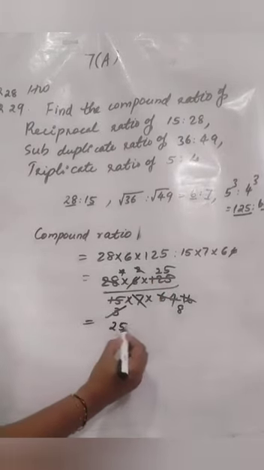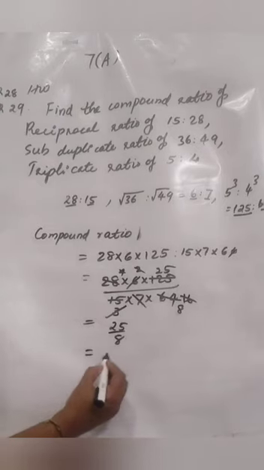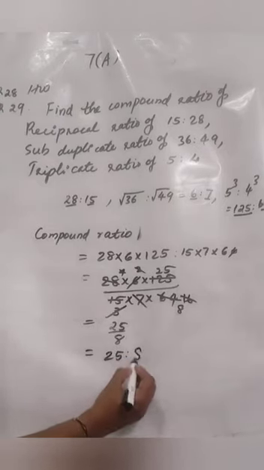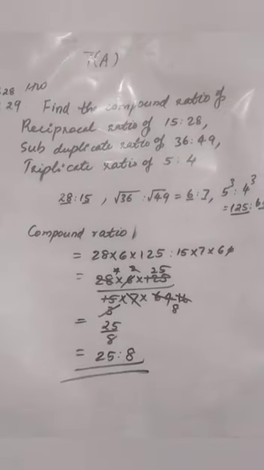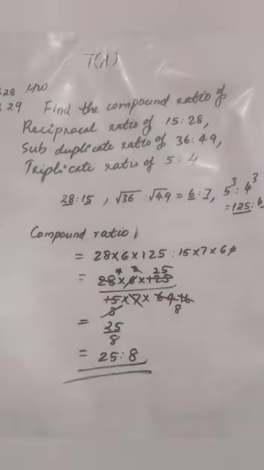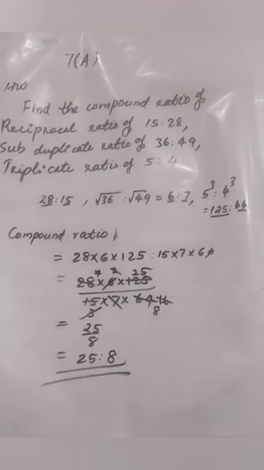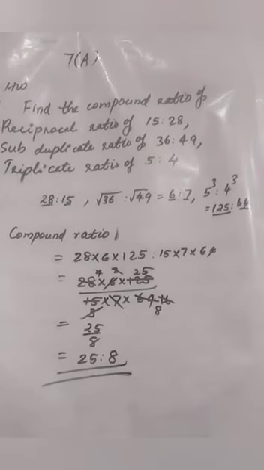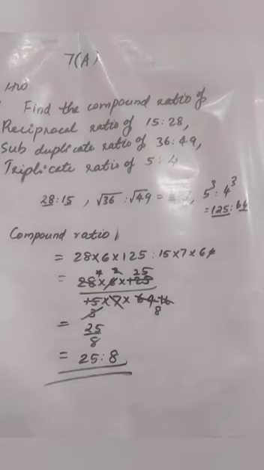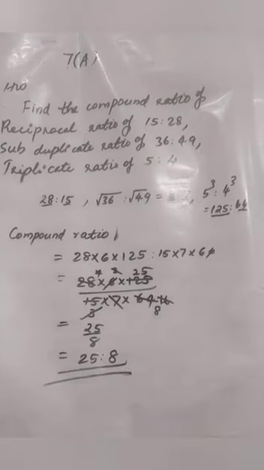So 25 by 8, or the required ratio is 25:8. This is the required answer. Okay. Just find out the given ratios and multiply the first terms and multiply the second terms.